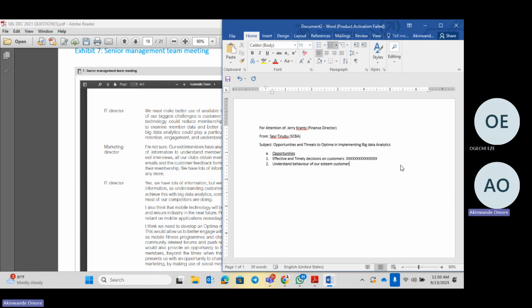Since we are looking at opportunities of implementing big data, I know they are still discussing here; they've not agreed to implement. Yeah, the attrition point is implementing. Is it clear? Yeah, it's clear.